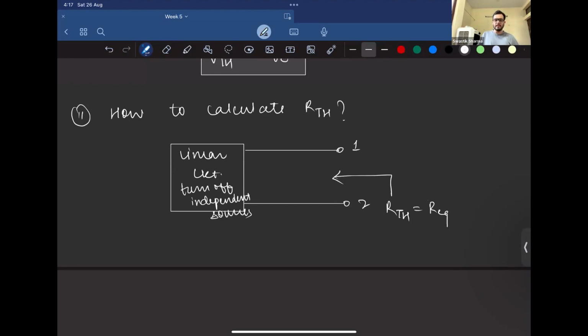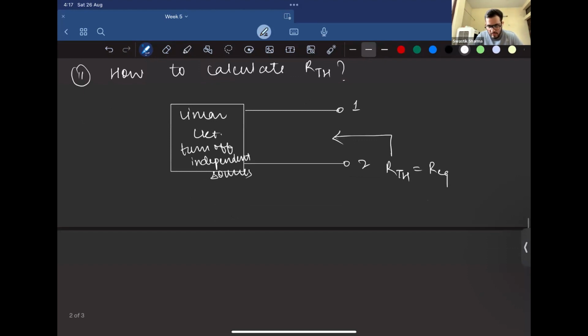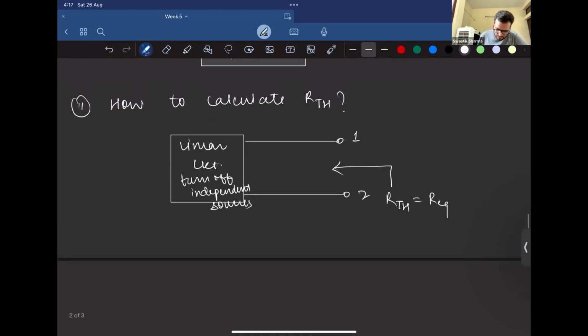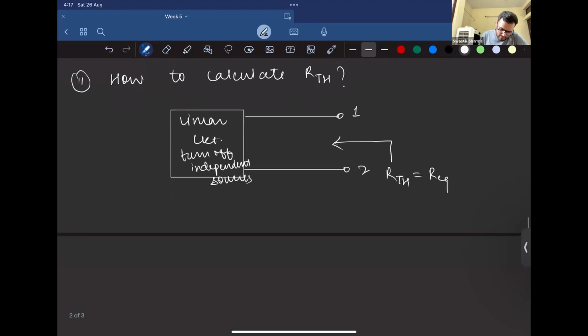So RTH is the equivalent circuit. So where was I? Dependent sources are not turned off because they are dependent on the circuit variables. So we leave them intact. Okay. Now if a circuit has dependent sources, right?